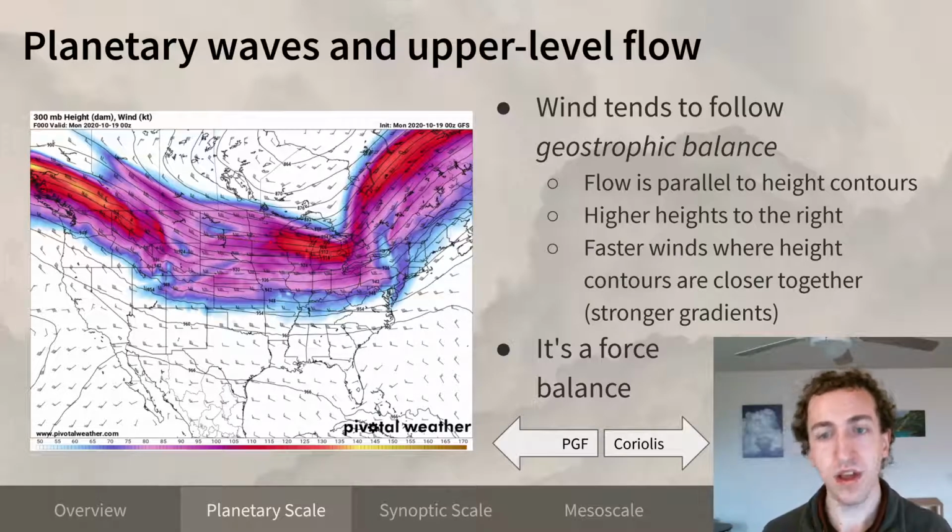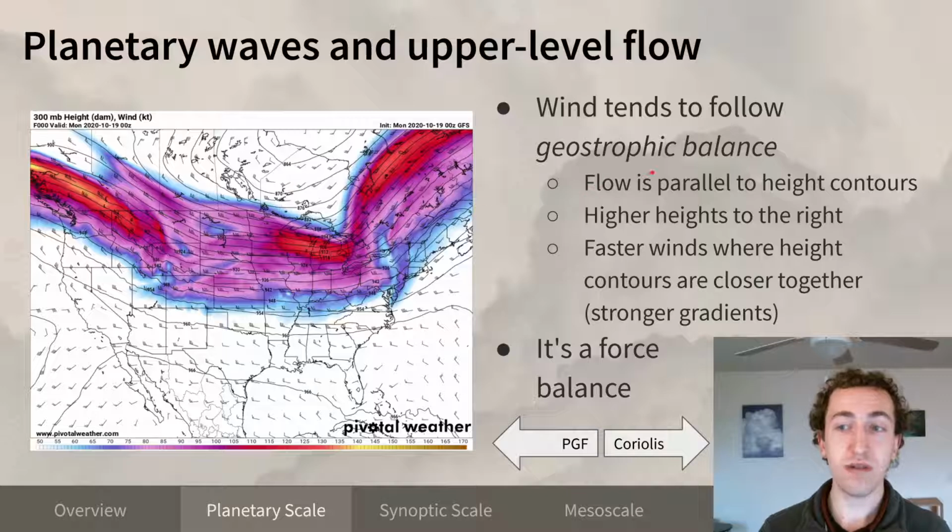So if we have flow going this way, the force will tend to be down that way towards the south. These two things for geostrophic balanced flow are balanced and they cancel each other out, leaving no net acceleration.